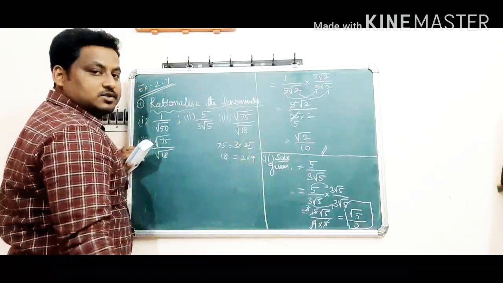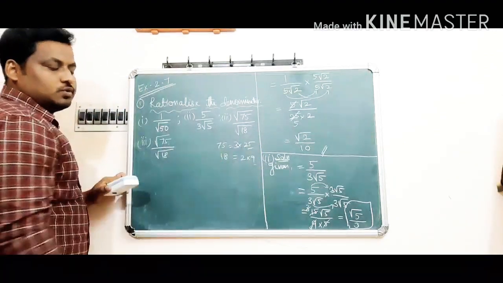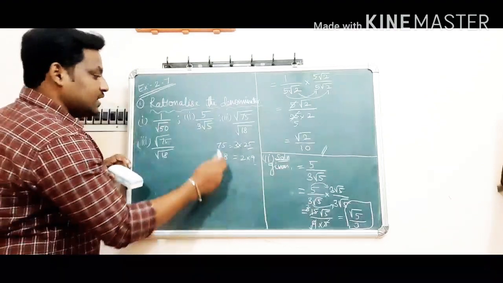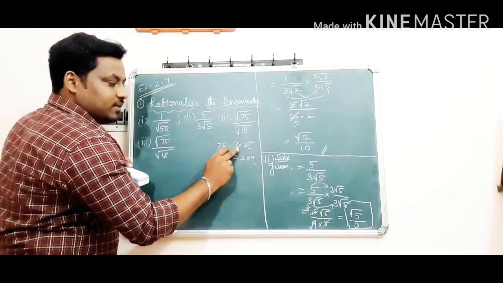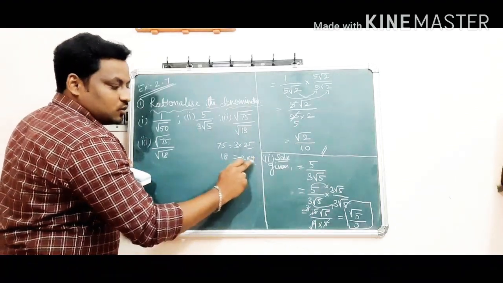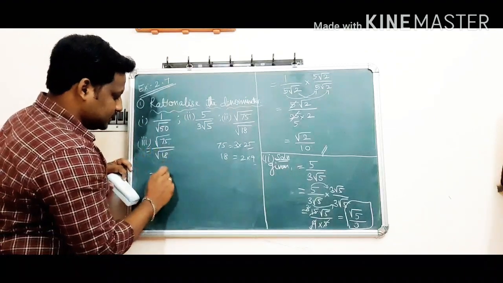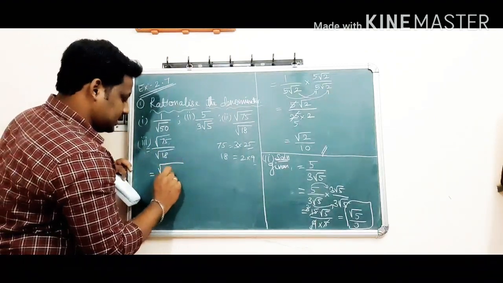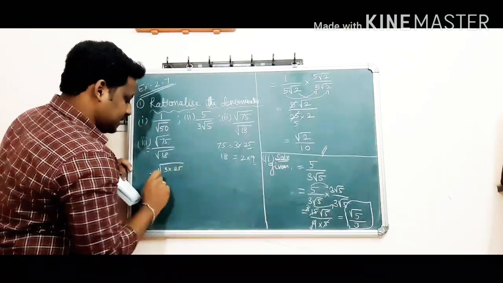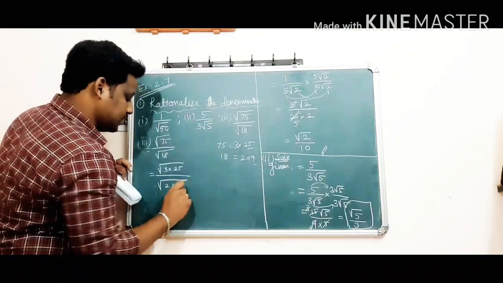Here 25 is a perfect square and 9 is also a perfect square. If you want to use the division method, you can do it. So 75 is equal to 3 into 25, 18 is split into 2 into 9. So root 3 into 25 divided by root 2 into 9.